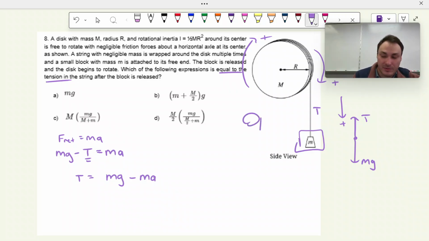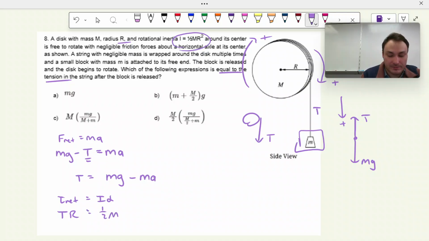Rotationally, there's one force causing a torque, and it's the tension going down. So let's look at our Newton's second law in rotation. The net torque is going to be the tension times radius, because the radius is r. The moment of inertia of the disk is 1/2 mr squared.